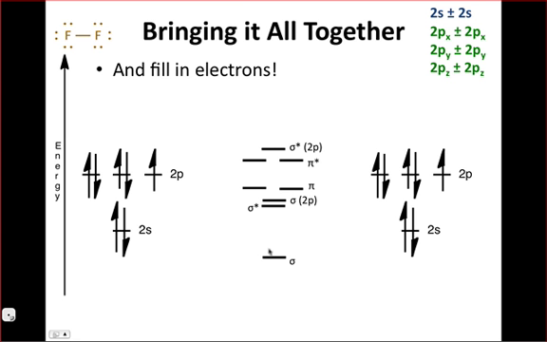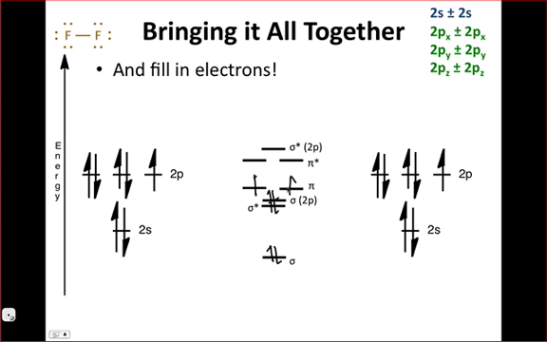You want to start as low as possible and put electrons of opposite spin in each orbital. And as you go, when you hit a level that has more than one orbital at the same energy, you want to half fill each orbital at the same energy before you go back and start filling orbitals completely, because half-filled orbitals are more stable than filled and empty.